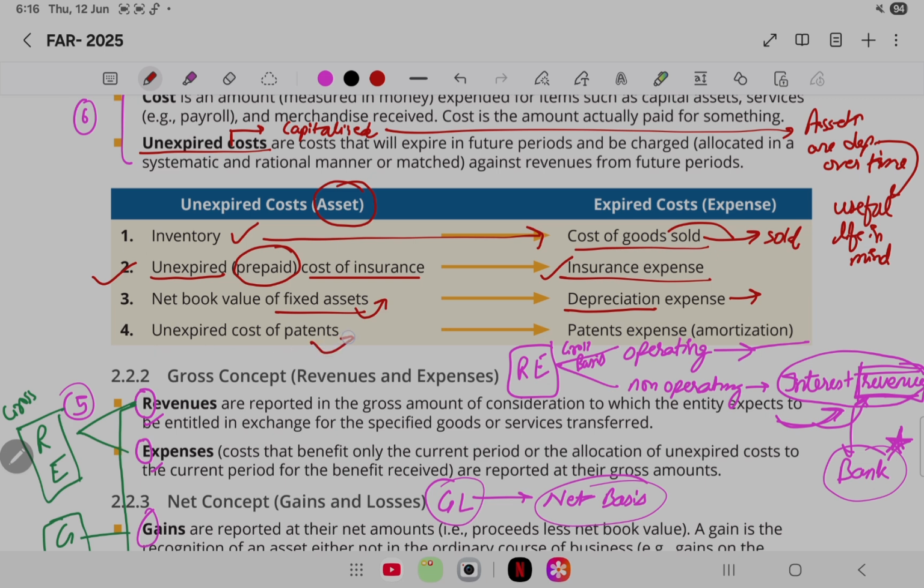Unexpired cost of patents is basically the book value which we carry for the future. If you buy a patent, it could be for 10 years or 15 years. Let's suppose 5 years have gone, then the remaining years will be amortized over the years. So the amortization will be expired cost.